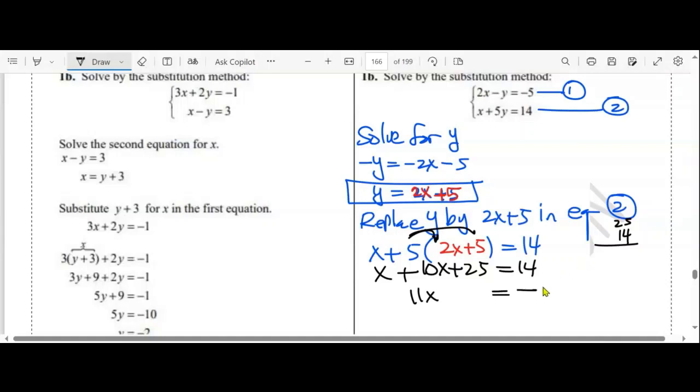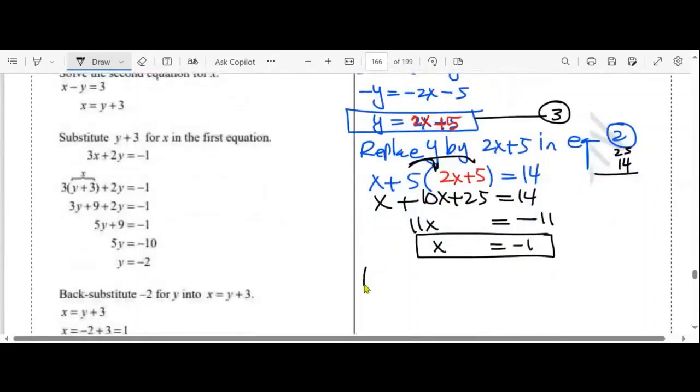So x equals negative 1. Replace this in which equation? Equation 3. So replace x by negative 1 in equation 3.